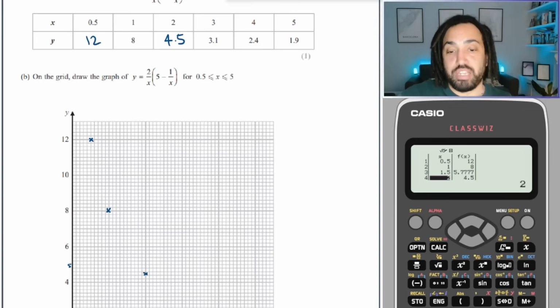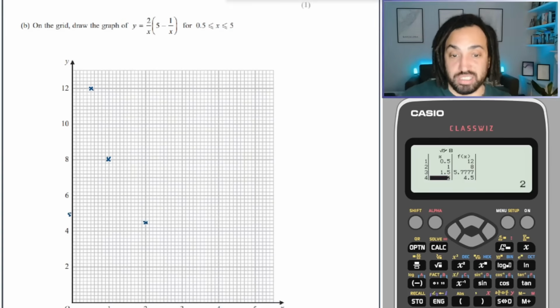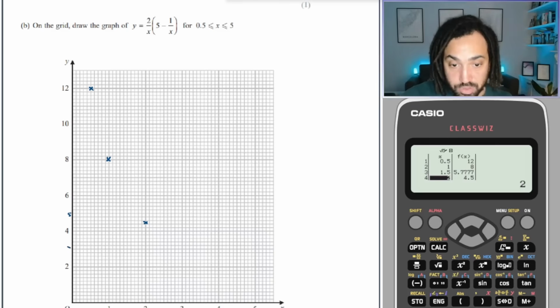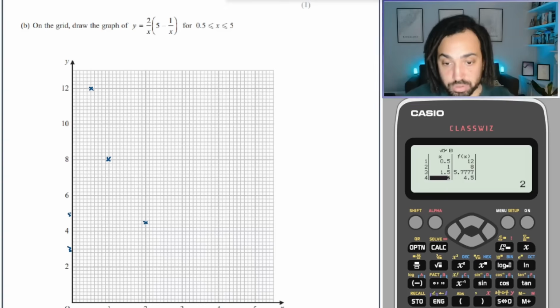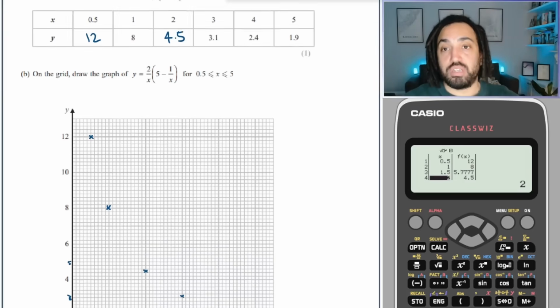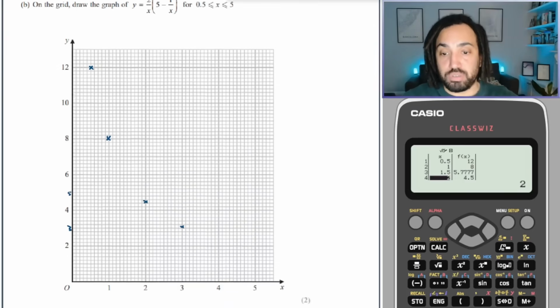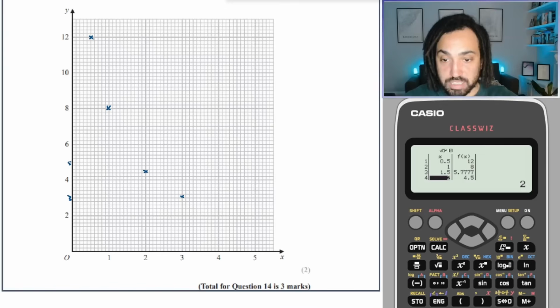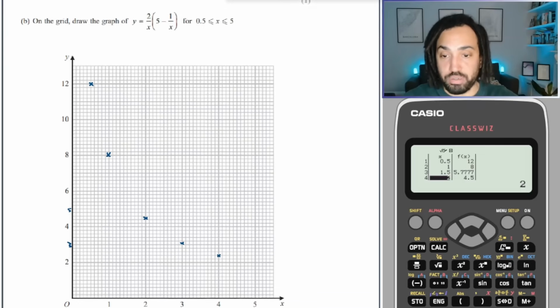And then at 3 we get 3.1. Gosh. Well, 3 is here. Each step up is 0.2, so it's halfway up a square. So we'd be really precise with this graph. And then 2.4, each point is 0.2, so it's 2 little mini squares up from 2.